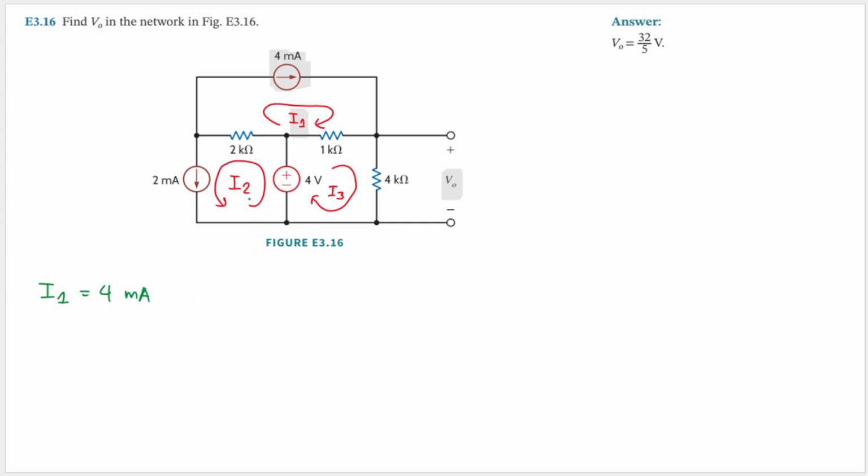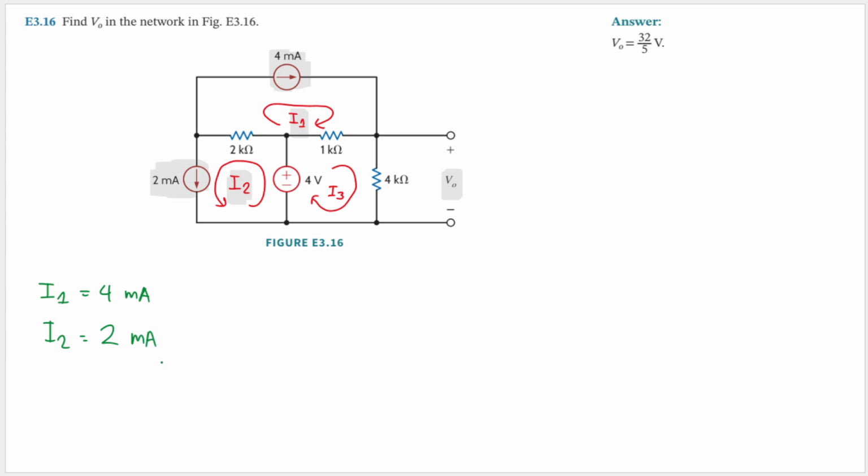And the second one, we also know that this I2 here is the same as this current source here, because that is the only current that passed through this branch here. So we will have I2 is equal to 2 milliampere.